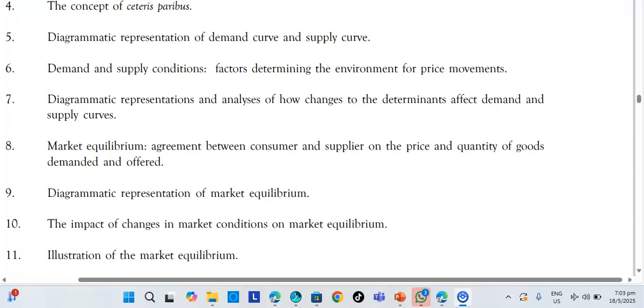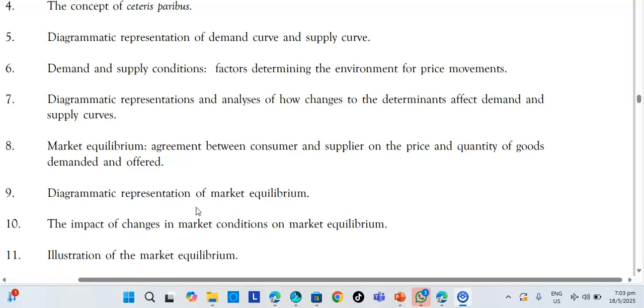Let us look at the impact of changes in market conditions on market equilibrium. Market equilibrium is a point where quantity demanded is equal to quantity supplied at a certain price.